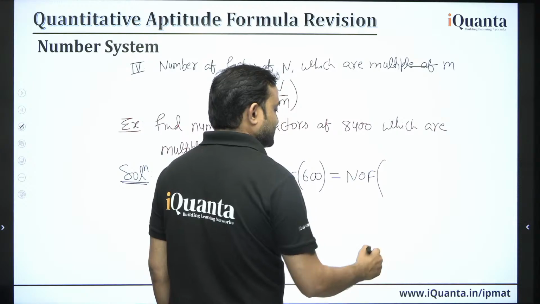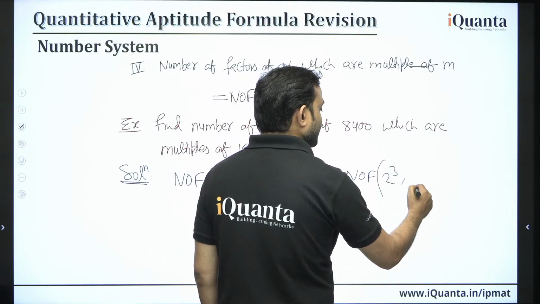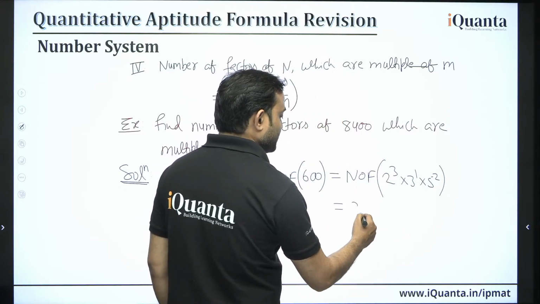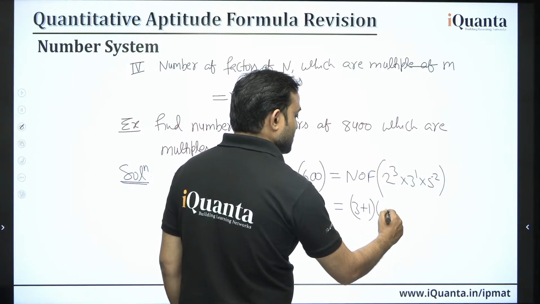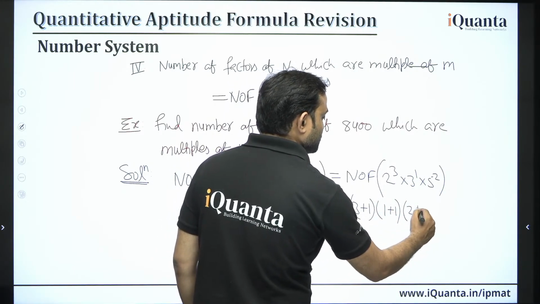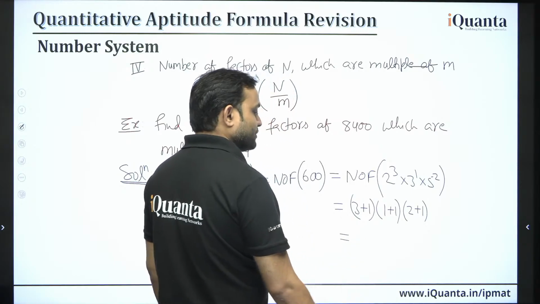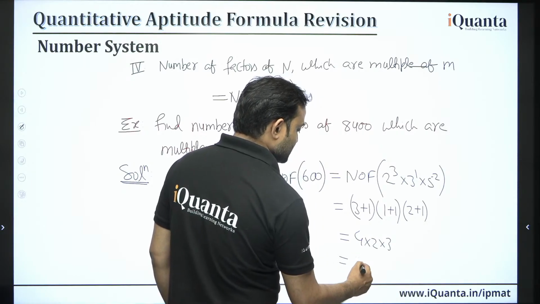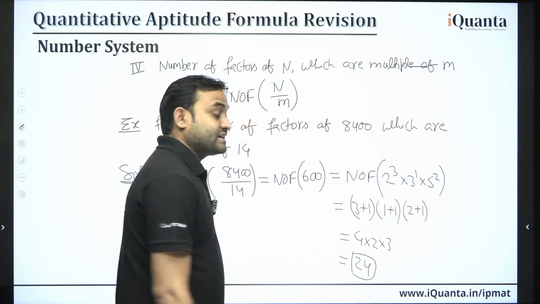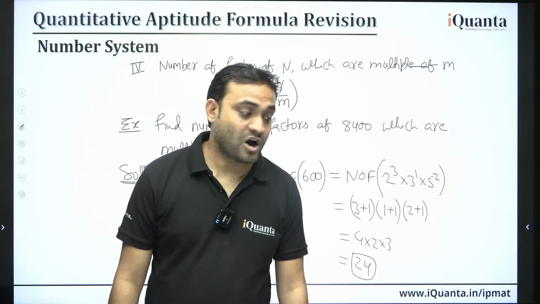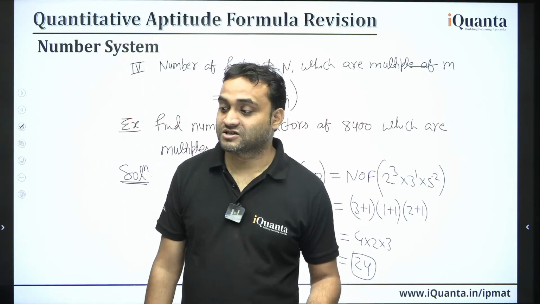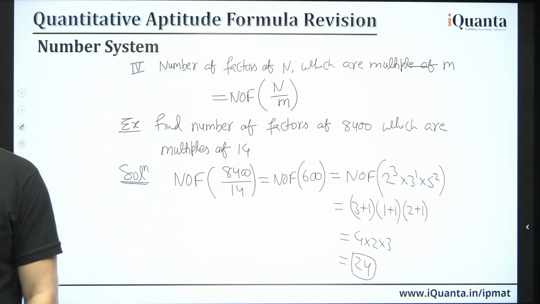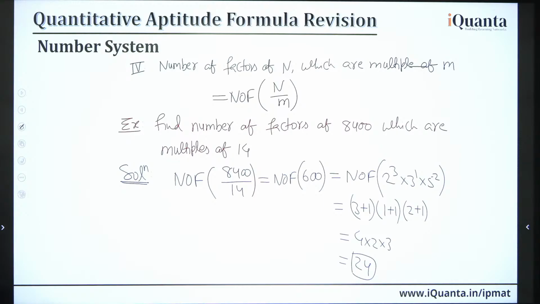So the number of factors, this will be equal to 2 to the power 3, 3 to the power 1 into 5 square, which will be equal to (3 plus 1)(1 plus 1)(2 plus 1), which will be equal to 4 into 2 into 3, and that is equal to 24. 24 such factors are there, which are multiples of 14. Shaurya, yes, your answer is correct.